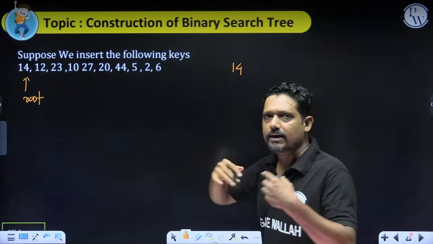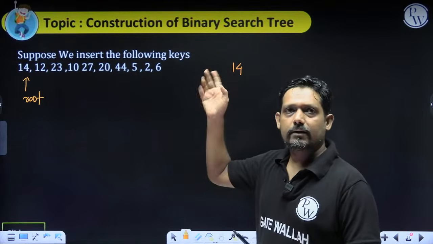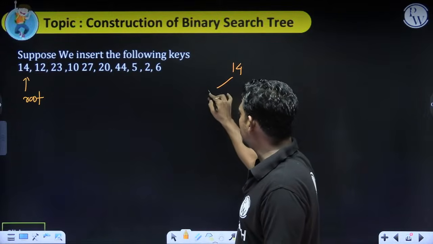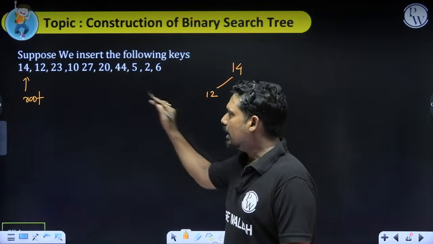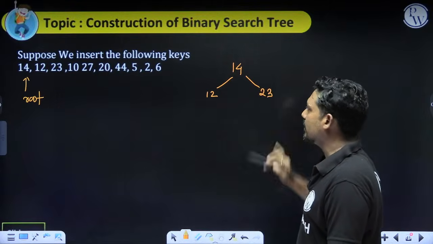Now let the key 12 come. We compare whether it is lesser or greater. It is lesser, so it goes to the next empty position and settles here. 23 is greater than 14, so 23 goes over here.